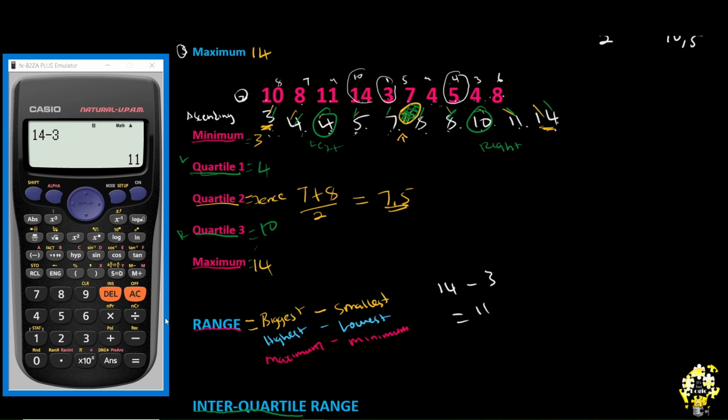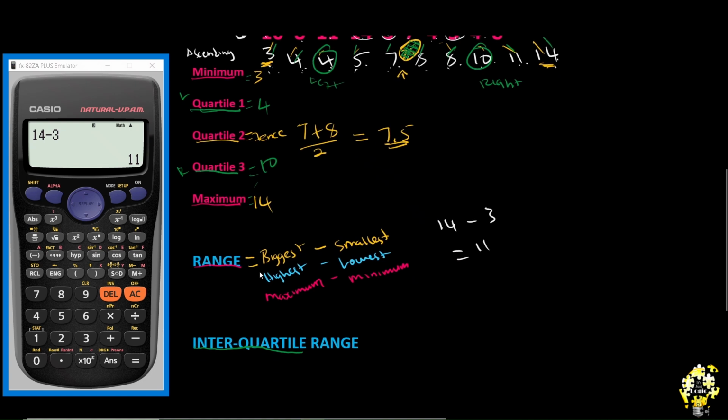11 is our range. Let's get a bit of real estate. Yes, this should be enough. Interquartile range. This is the formula for interquartile range. Interquartile range is quartile 3 subtracting quartile 1. Like I told you, when you take the difference between the maximum value and the minimum value in your 5-number summary, you get a range.